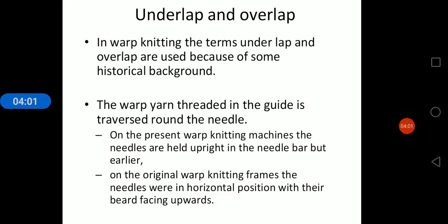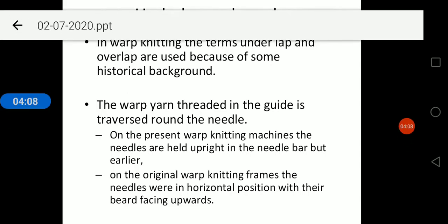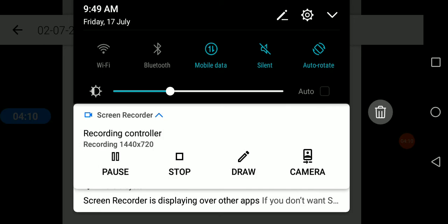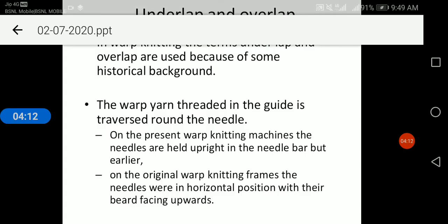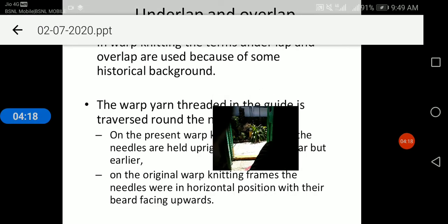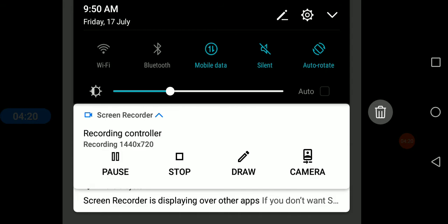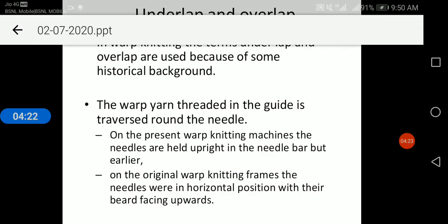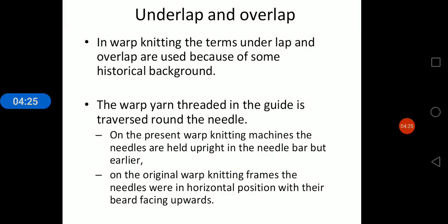Underlap and overlap. In warp knitting, the terms underlap and overlap are used from the historical background.